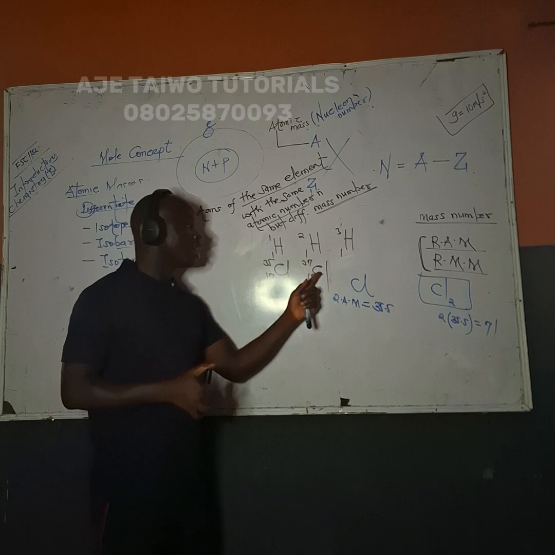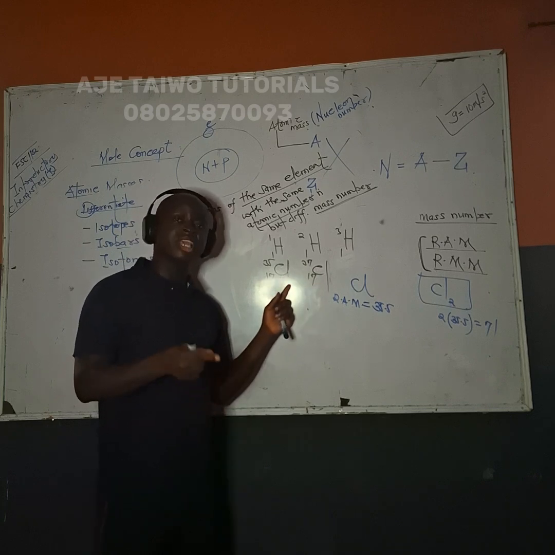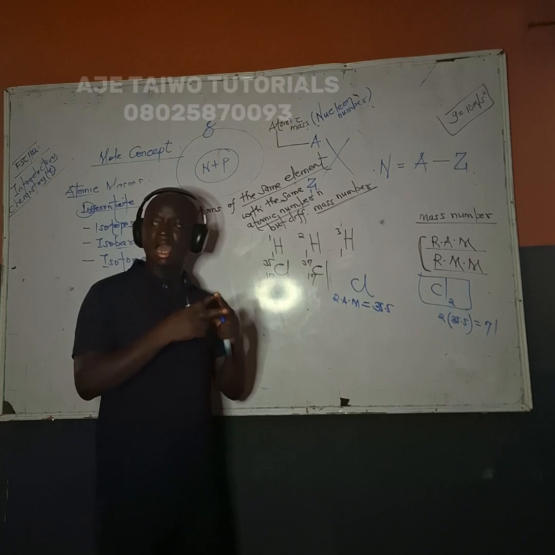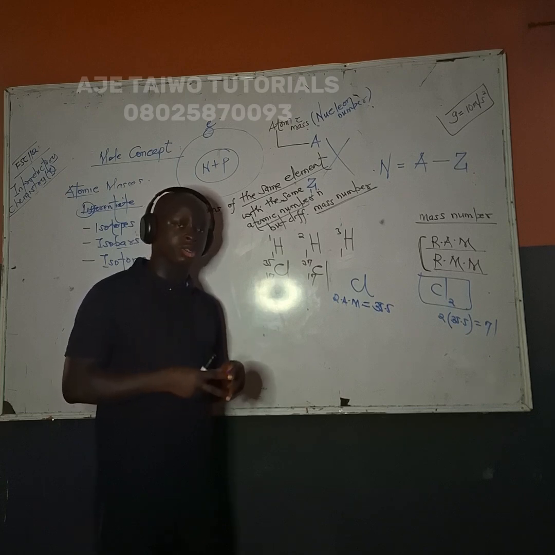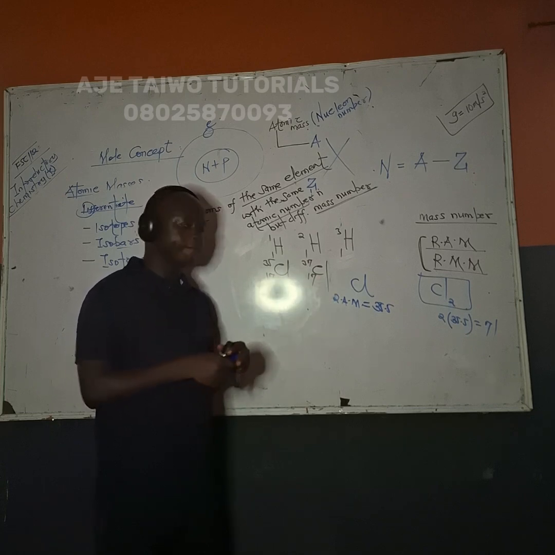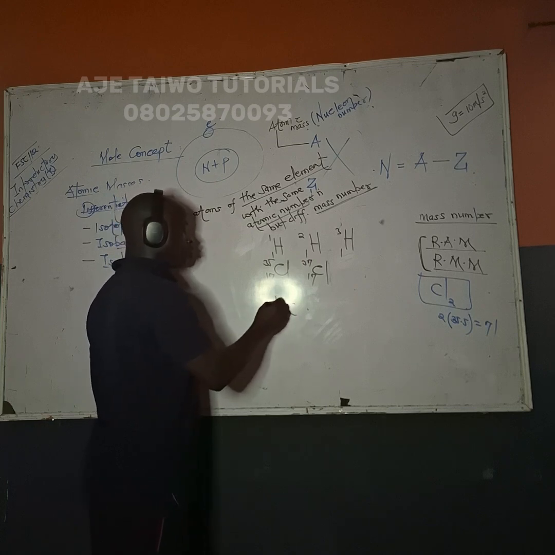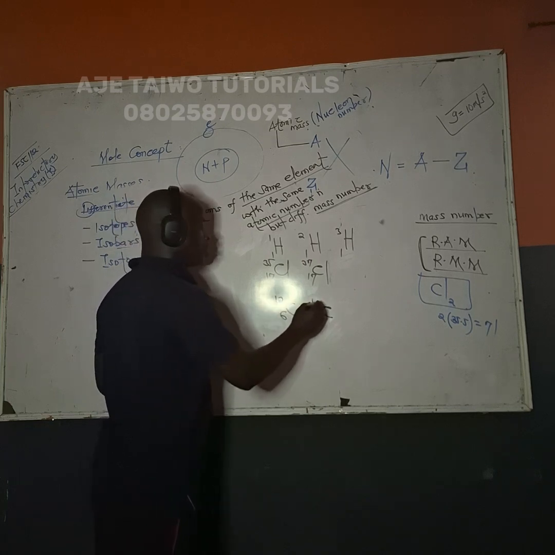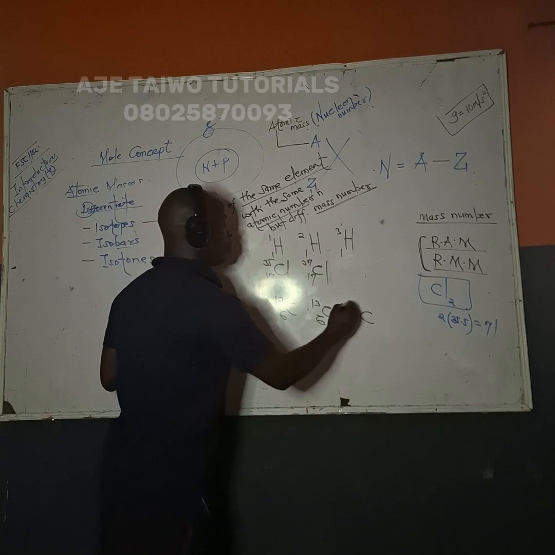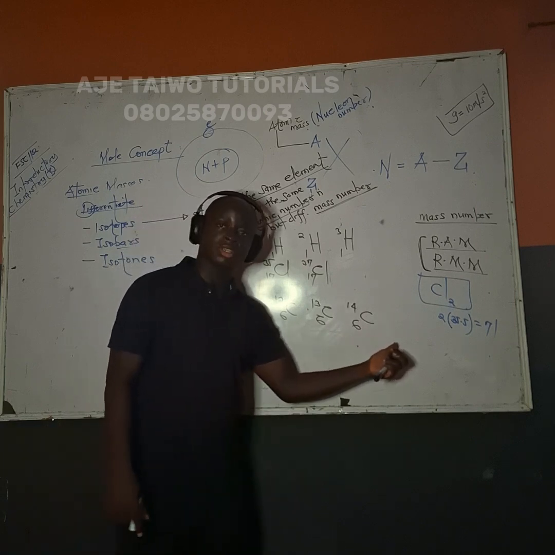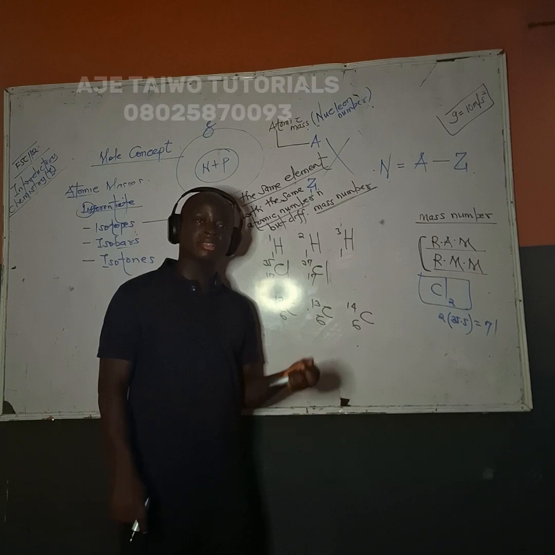They are all what? Atoms of the same element, chlorine. Also, carbon 12, carbon 13, carbon 14 are also what? Atoms of the same element, carbon.